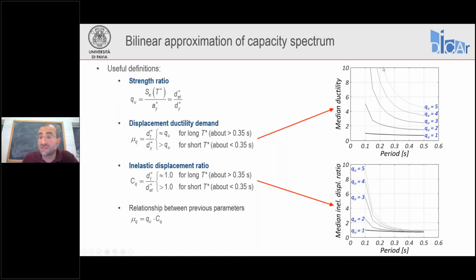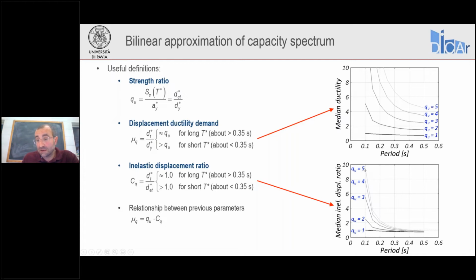You can see it from these curves. You see that they tend to values equal or nearly equal to the strength ratio associated with the curves. These curves have been obtained by targeting specific strength ratios for our oscillators.